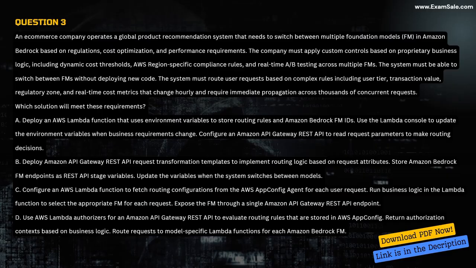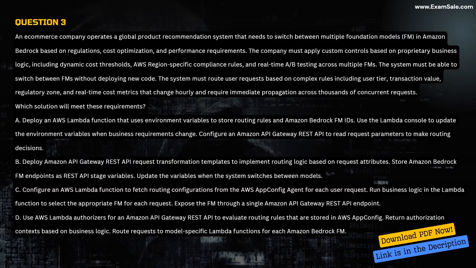Question 3. An e-commerce company operates a global product recommendation system that needs to switch between multiple foundation models (FMs) in Amazon Bedrock based on regulations, cost optimization, and performance requirements. The company must apply custom controls based on proprietary business logic, including dynamic cost thresholds, AWS Region-specific compliance rules, and real-time A/B testing across multiple FMs.